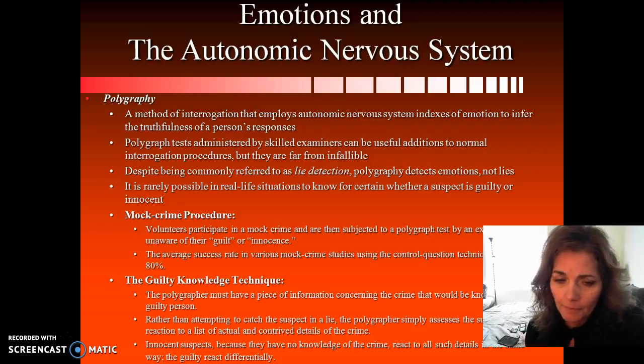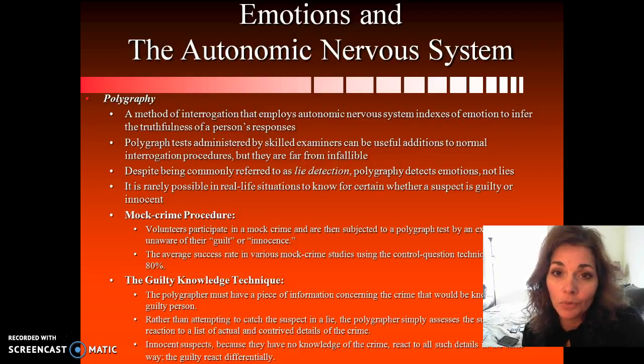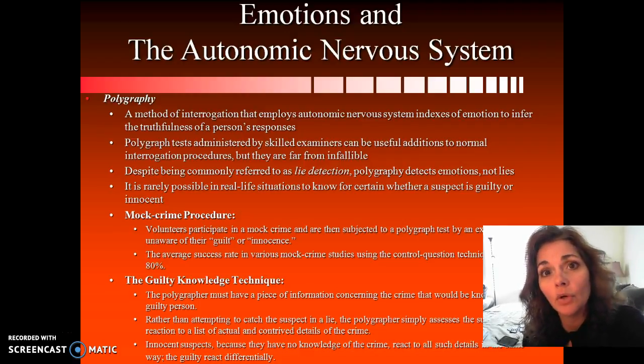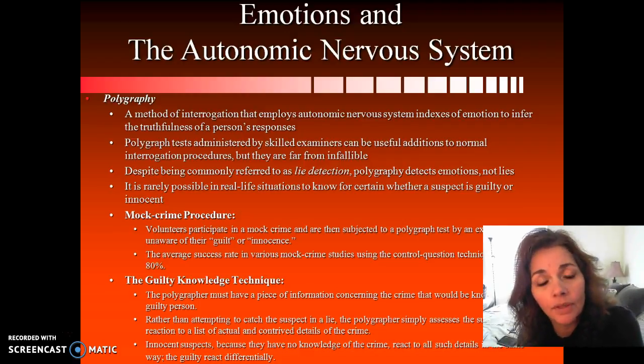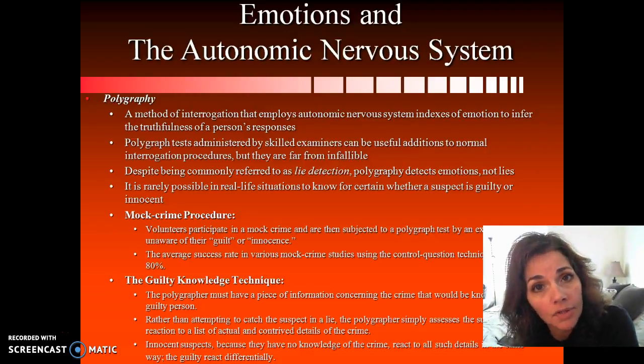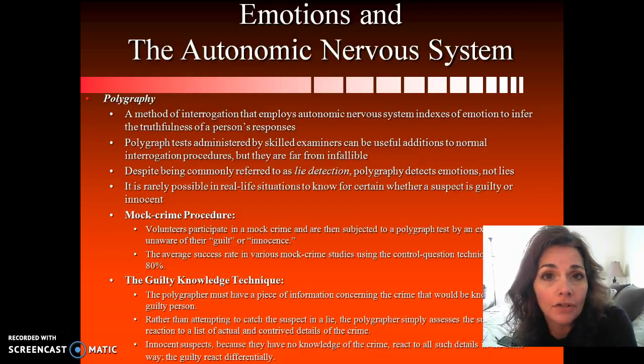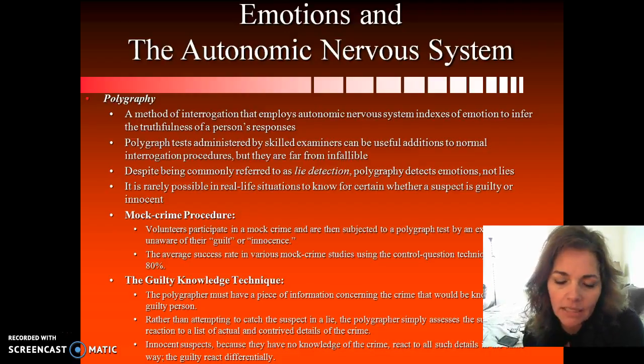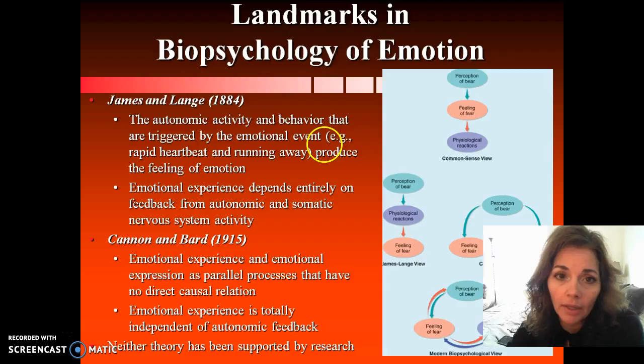So it's really not detecting emotions or lies per se. It's really detecting that physiological response. Some people are able to control that physiological response even when they're lying, but in general, individuals have an autonomic response to the fear associated with lying, and that comes through in the polygraph test.